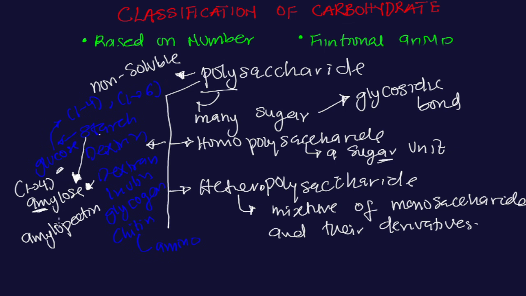But amylopectin is connected by alpha 1,6 and also alpha 1,4, because it is branched. Let me simply say it is a branched portion of starch, a branched polymer of glucose, while the unbranched polymer, also known as the linear polymer, is the amylose. So that's just it about homopolysaccharide.